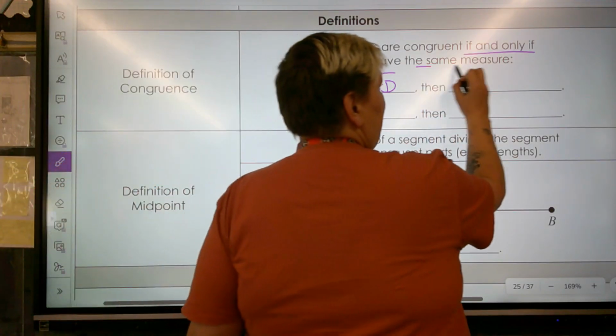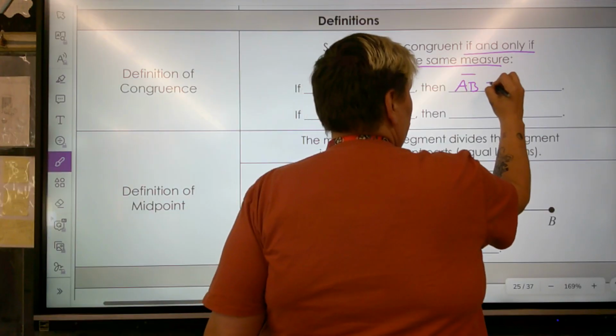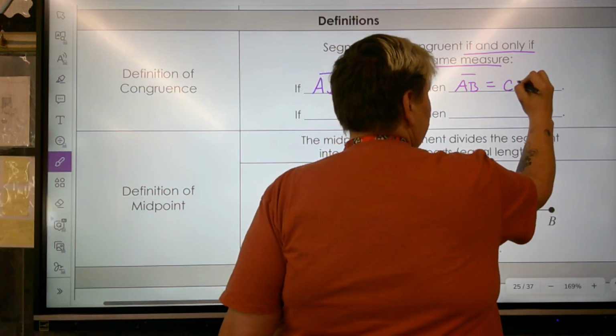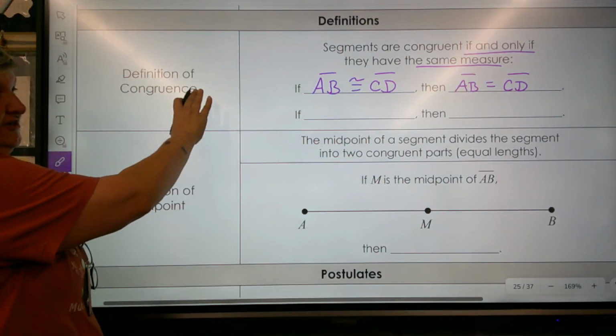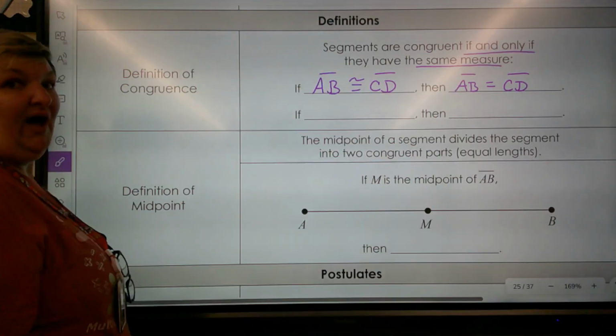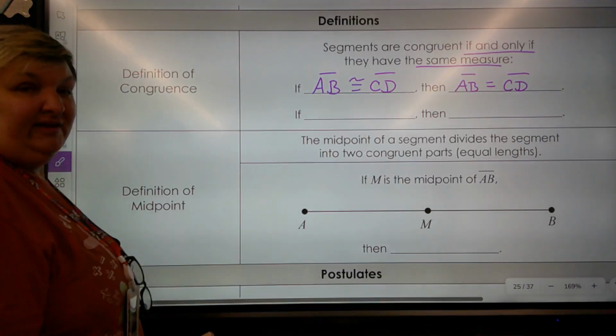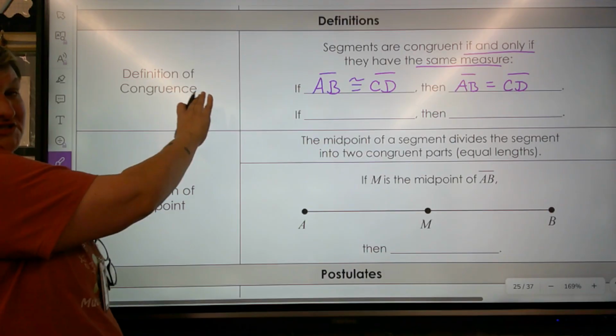They have the same measure. Then segment AB is equal to segment CD. Remember how I said we could use the definitions to move it from congruent to equal so that we could then apply the properties of equality? You use the definition of congruence to do that.